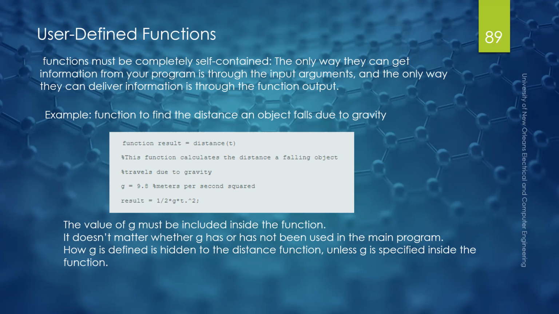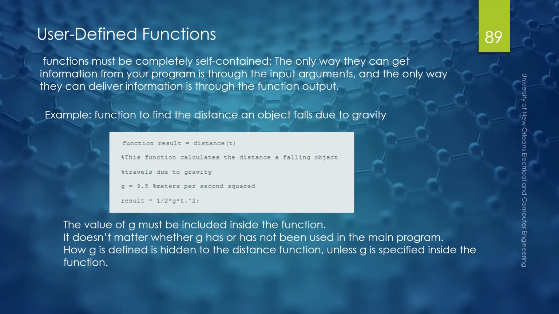So in this example, again, the value of g must be included within the function. It doesn't matter whether g has or has not been used in the main program. How g is defined is hidden to the distance function, unless of course, g is specified inside the function itself.